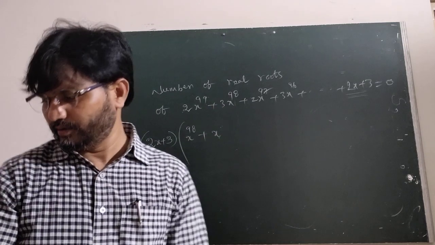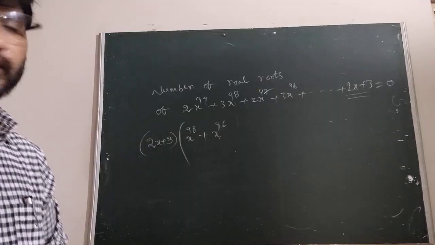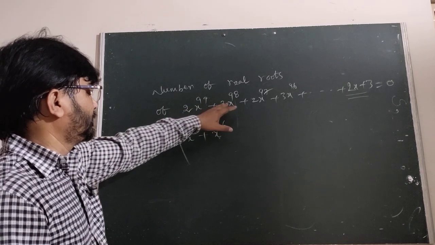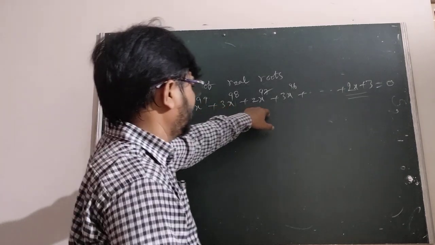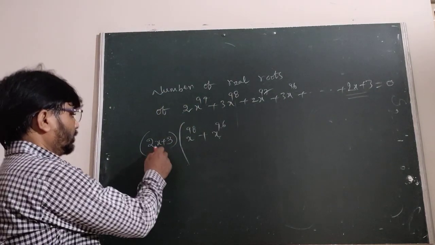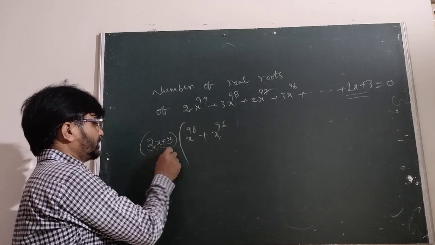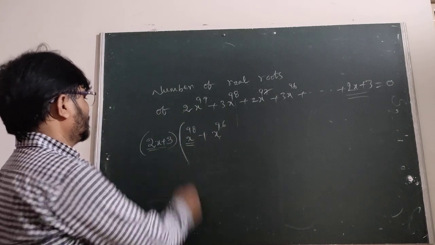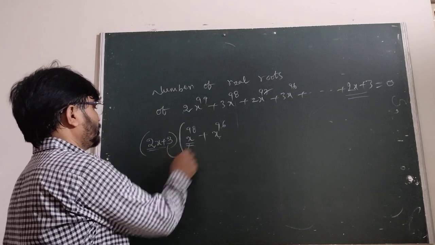Just 1 minute, the question will be on. So here given 2 into x power 99 plus 3 into x power 98, 2 into x power 97. So we are taking 2x plus 3 as the common factor here. We simply observe 2x into x power 98, this is 99. After that 3 into x power 98.